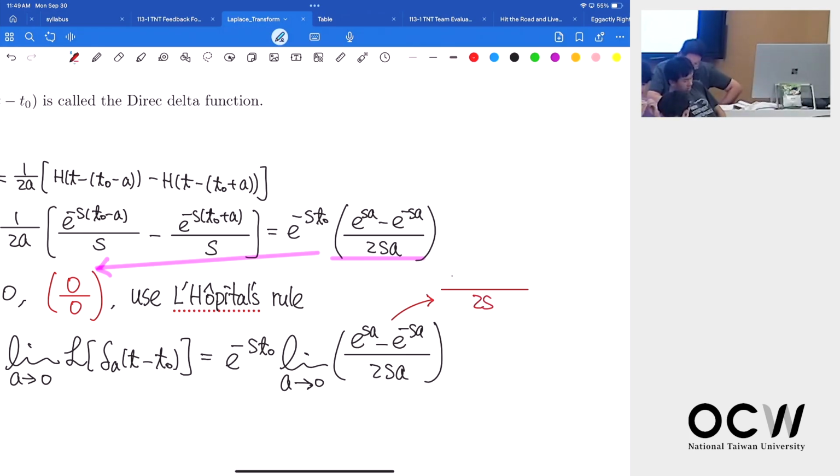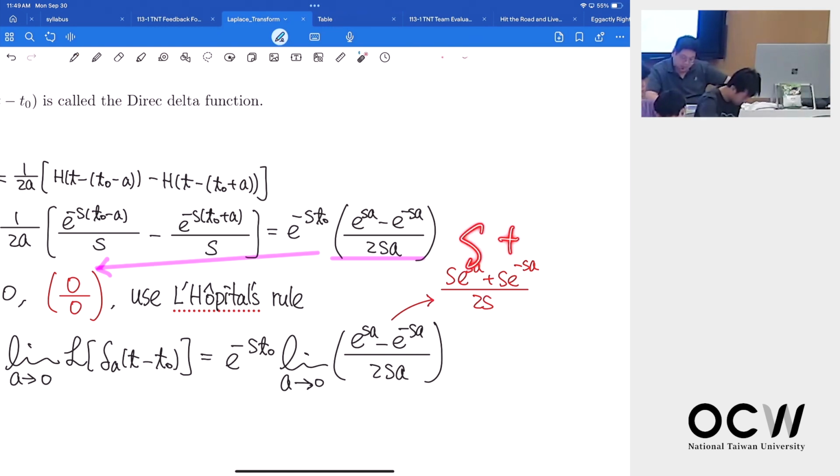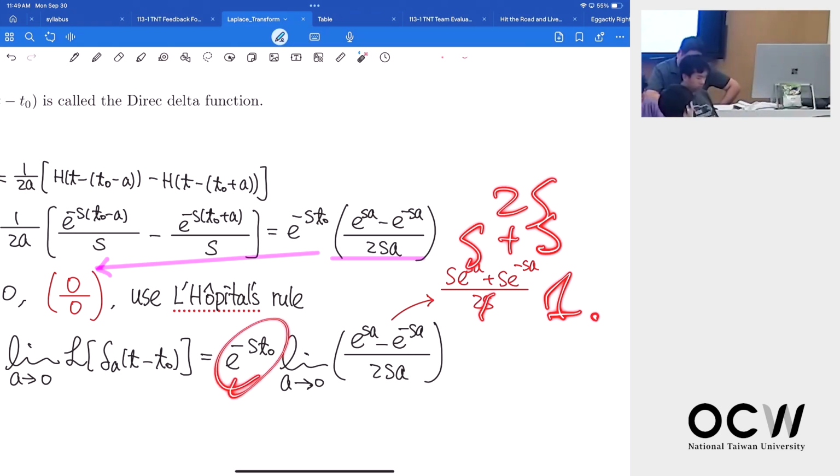In the numerator we have s times e to the sa plus s times e to the minus sa. Then we plug in a goes to 0 again: s plus s is 2s, so this limit is 1.